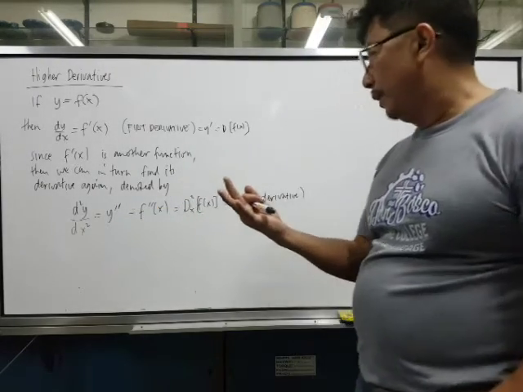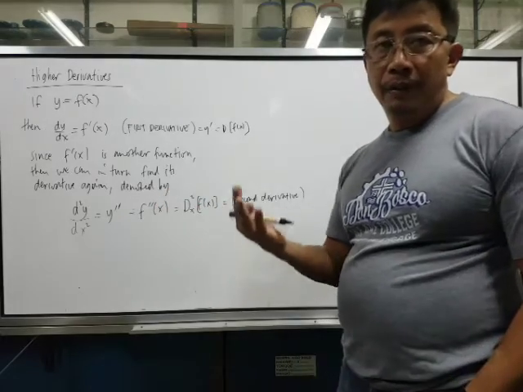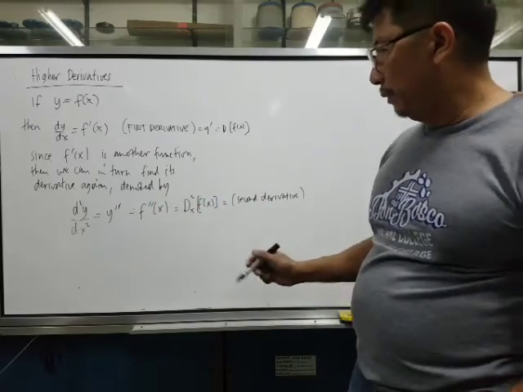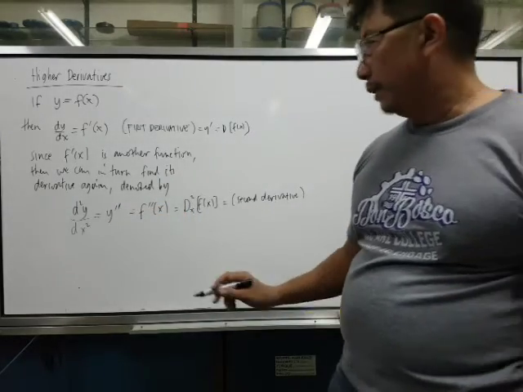The only problem using the prime notation is that it can only be used up to 3. In case you get the fourth derivative, the fifth derivative, and so forth, you write the number, but you have to enclose it in parentheses.